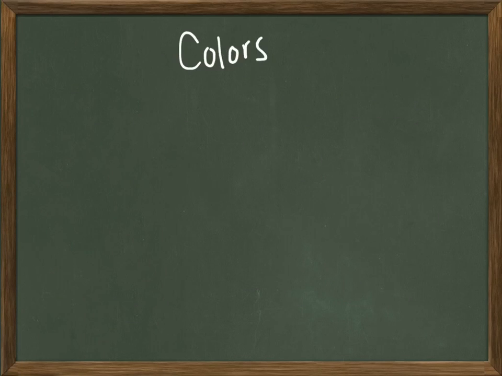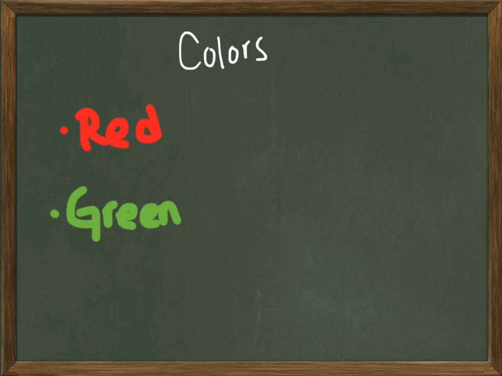Our next item is colors, and we're going to check pronunciation of these. So then again, I will ask you to repeat after me. Please repeat. Red, red, red. Our second item is green, green, green. The next one, purple, purple, purple.